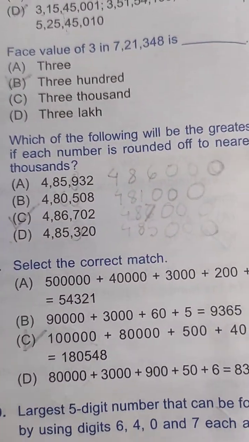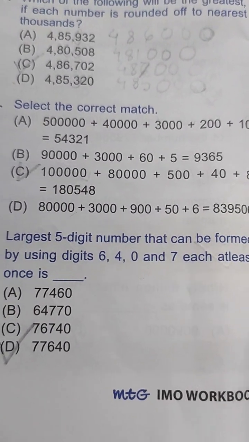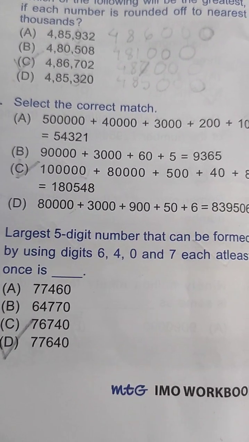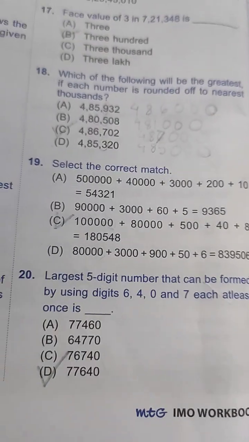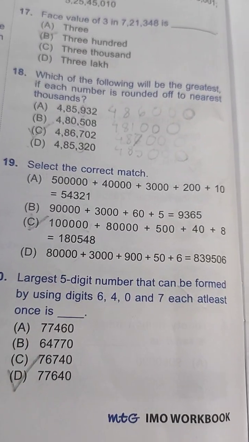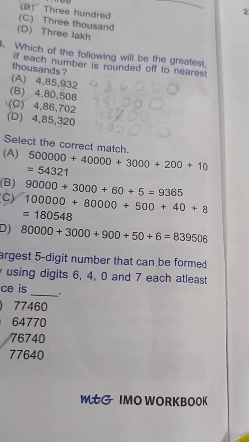But still we will analyze option number D as well. So in option number D, it is 80,000, 3,000, 900, 50, 6.